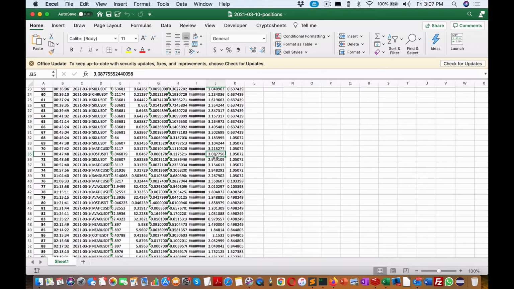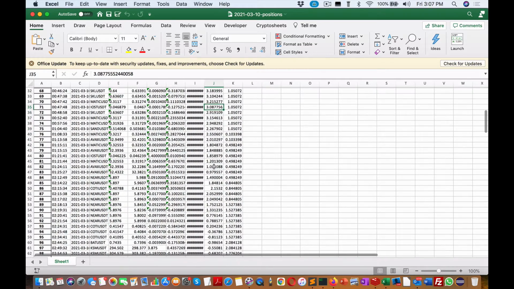And that's 3.07. Then it drops back, fluctuates. Then it drops down to 1.03 ROI, and then at 1:24, it drops. Well, it's almost 0.97.